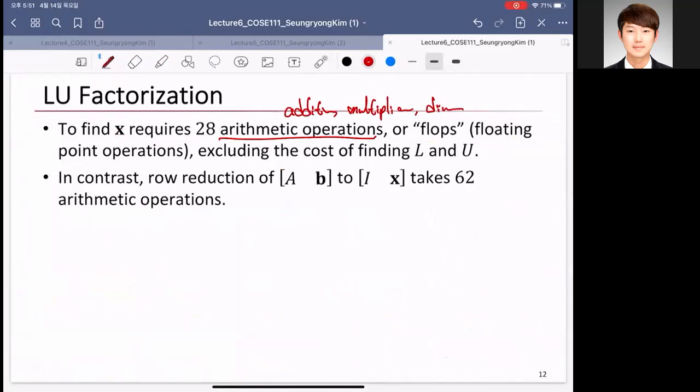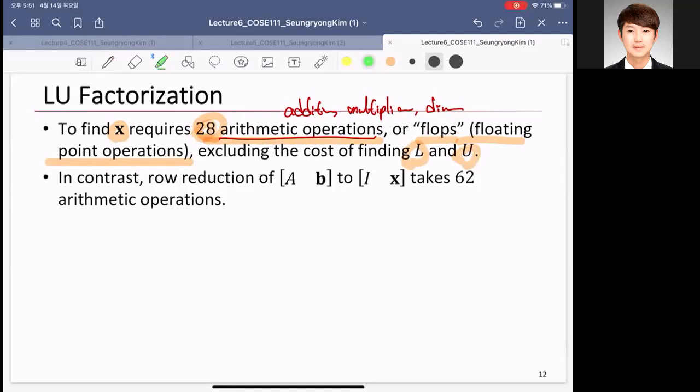In this kind of solving skill, to find the x, we use 28 arithmetic operations, which is also called floating point operations, excluding the cost of finding L and U. So in this case, we just use 28 arithmetic operations.